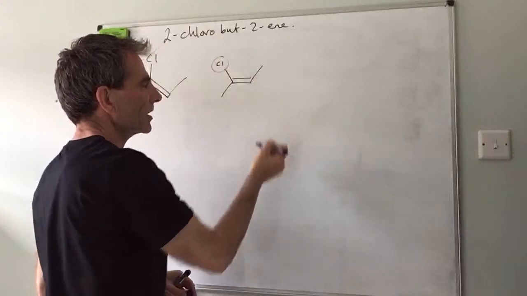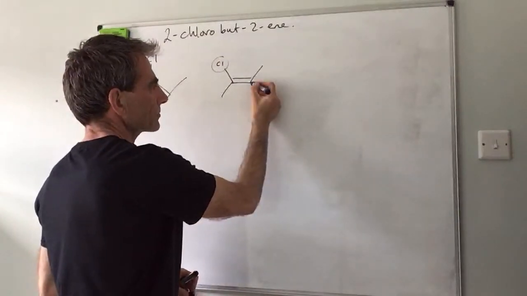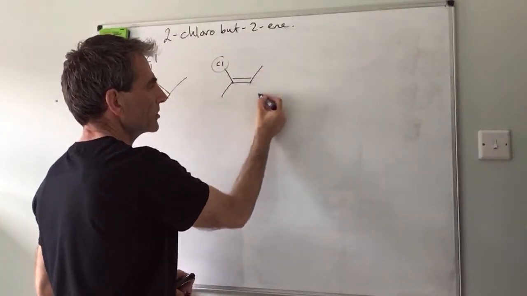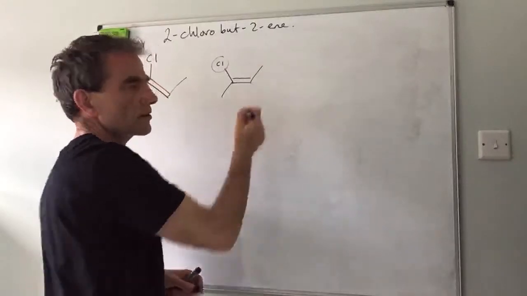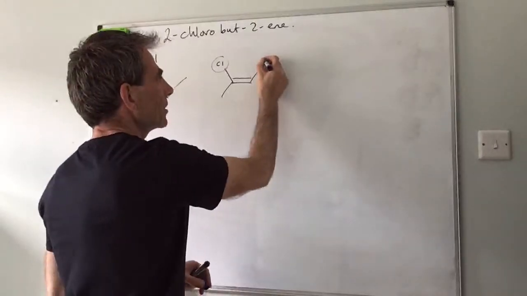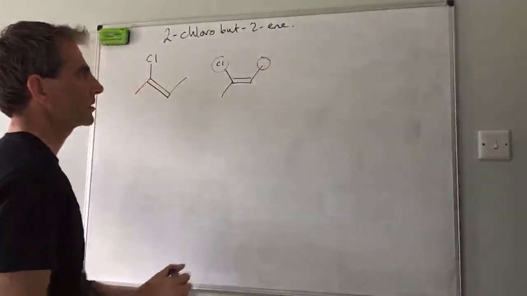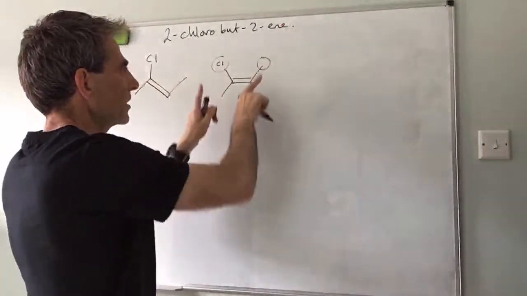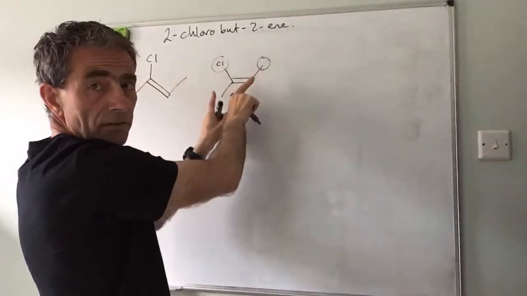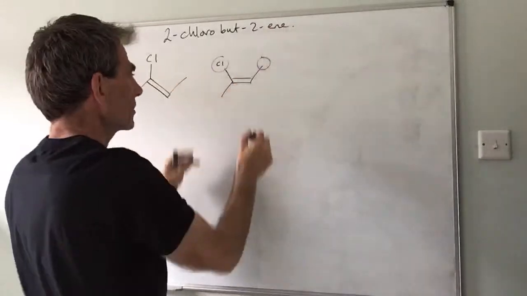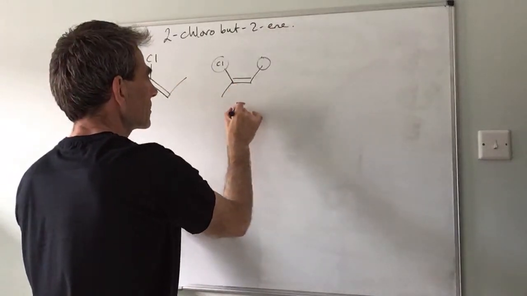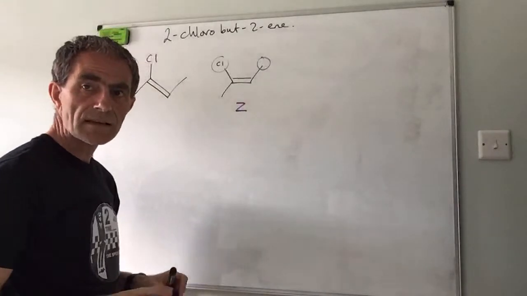What's competing against what? Carbon versus hydrogen. Carbon wins because it's got a higher atomic number. Okay, so they're your priority groups. They are on the same side of the double bond, so that is Z. That's the Z isomer.